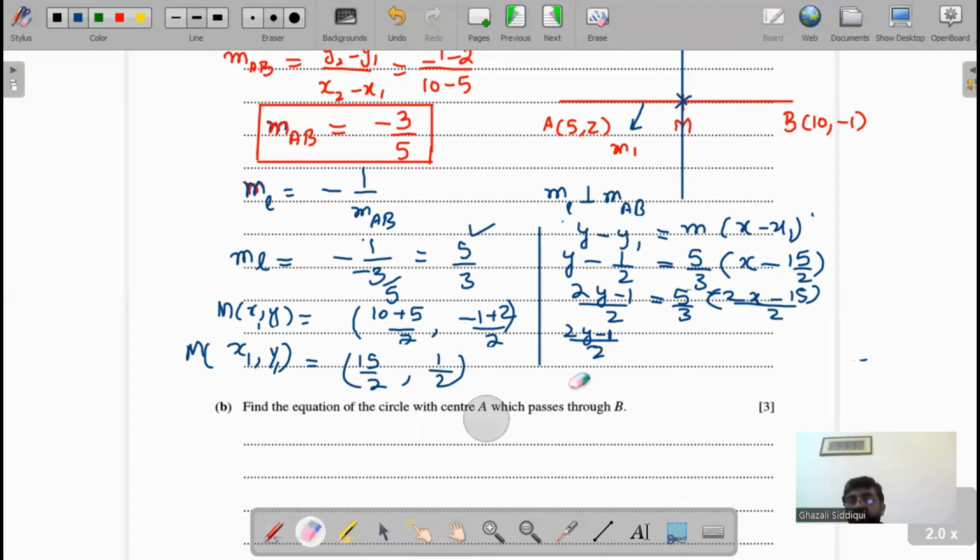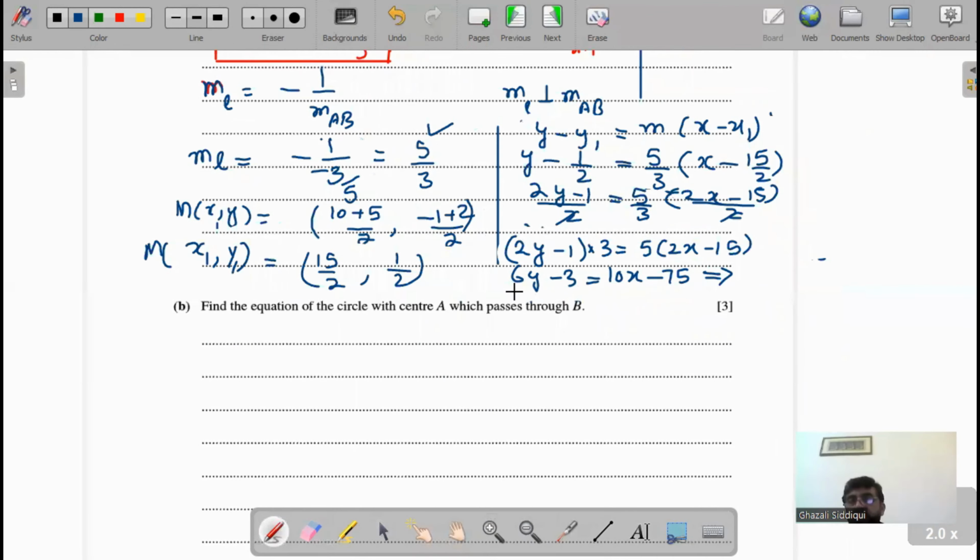Now the 2 will be cancelled here. Therefore (2y - 1) multiplied by 3 is equal to 5 times (2x - 15). That value, 6y - 3 equals 10x - 75, so 6y - 10x equals -72.